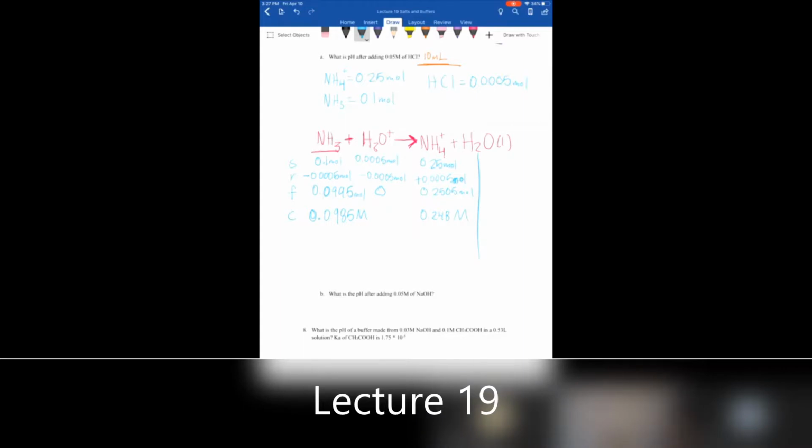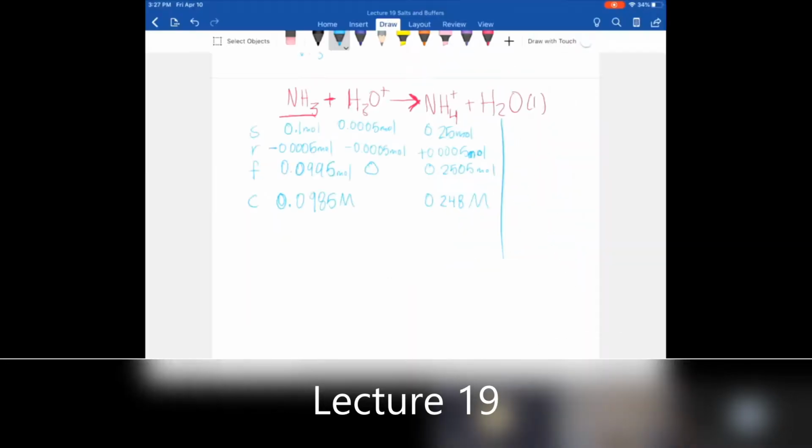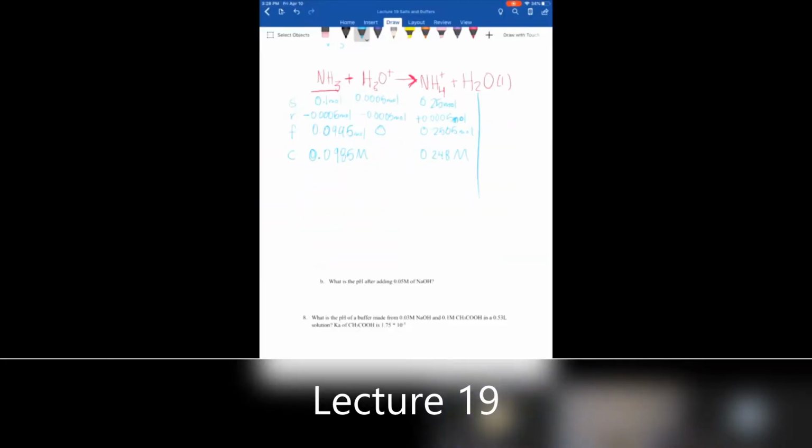So what's next? You would plug that into the pH pKa equation. Yep. The Henderson-Hasselbalch. So you got your pH equals pKa plus log of your A minus over HA.